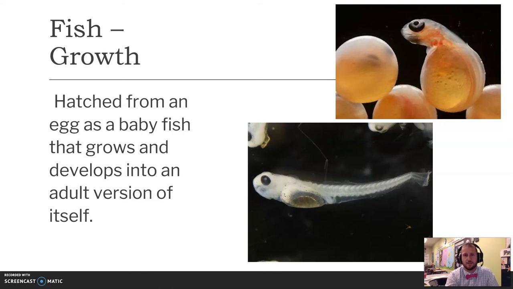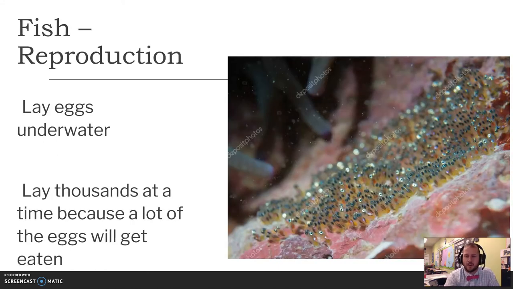As far as reproduction, you can see in the picture there that, again, they are eggs. Being fish and underwater, they are eggs that are laid underwater. You'll notice that there are lots of those. Fish actually lay their eggs thousands at a time. There's a couple of different reasons for this.